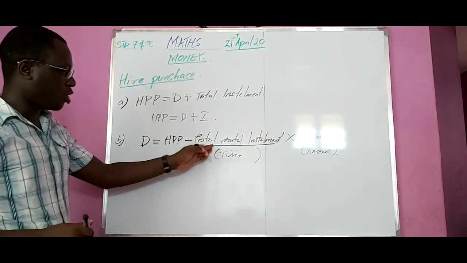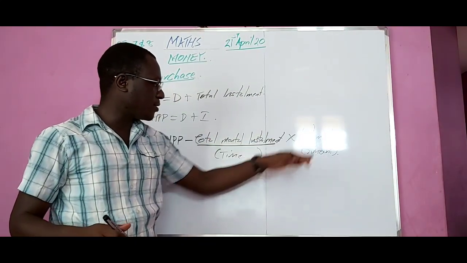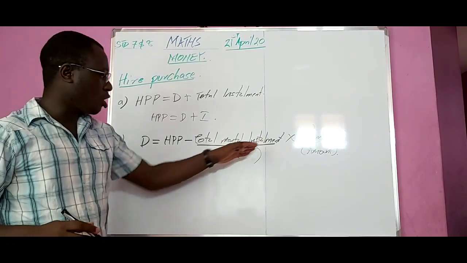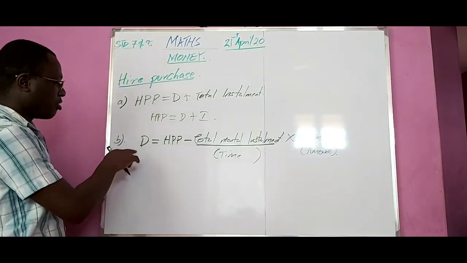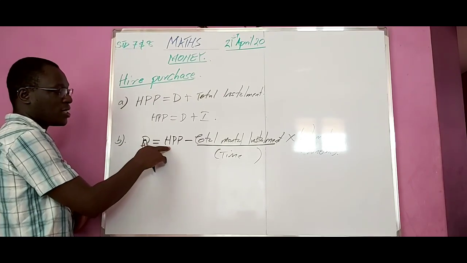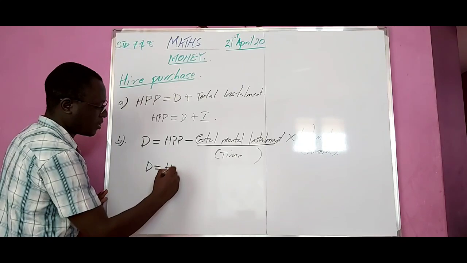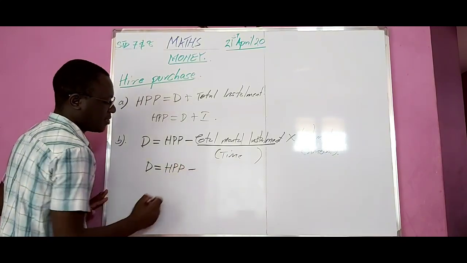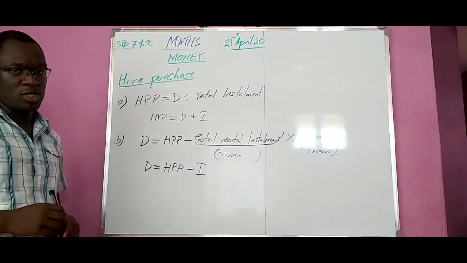If it is 12 months, every month he was paying 30,000, that is the installment. Total monthly installment: how many months was he paying for? 12 months. So the formula will be deposit is equal to hire purchase price minus that. In a short way, we say deposit is equal to hire purchase price minus the total installment.